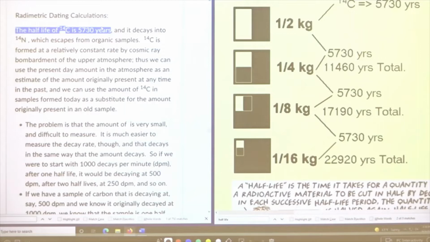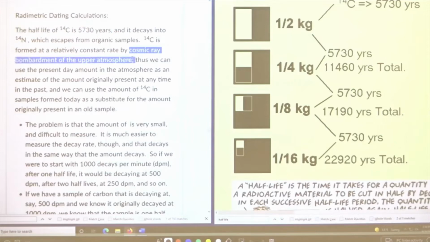It's divided by 2. Now, the interesting thing about carbon-14, and very different from most isotopes, is the amount of carbon-14 in our atmosphere is pretty constant. The reason that it's pretty constant is that it's formed when cosmic rays from outer space bombard the upper atmosphere. What actually happens is they hit nitrogen-14 and turn it into carbon-14.